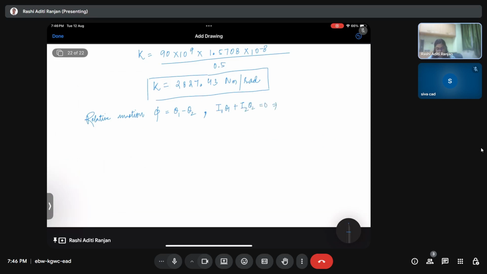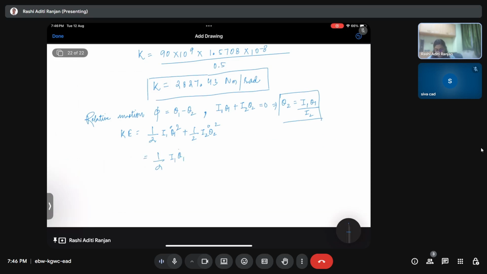This implies theta 2 is equal to I1 theta 1 by I2. So if I write the total kinetic energy, it will be half I1 theta 1 dot square plus half I2 theta 2 dot square. Now I can use this relation and replace theta 2 by theta 1.